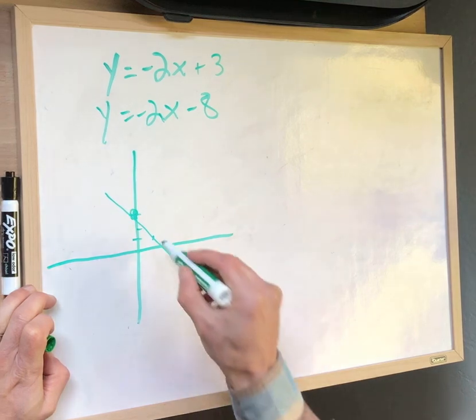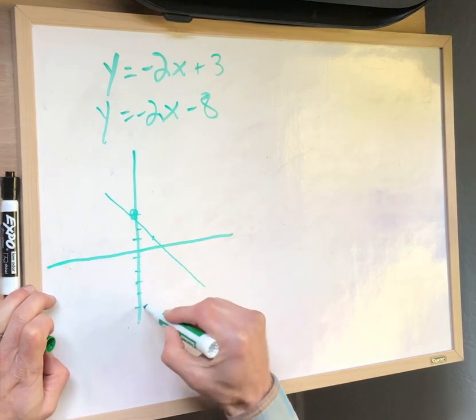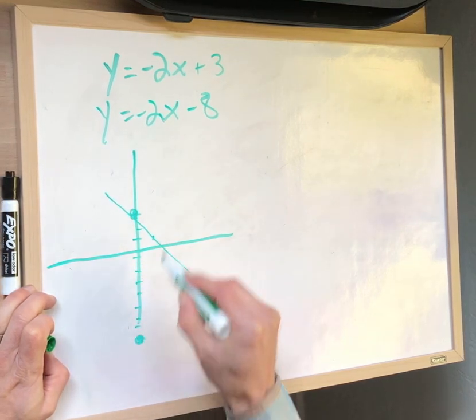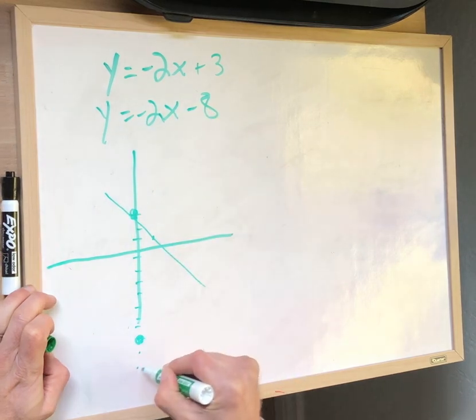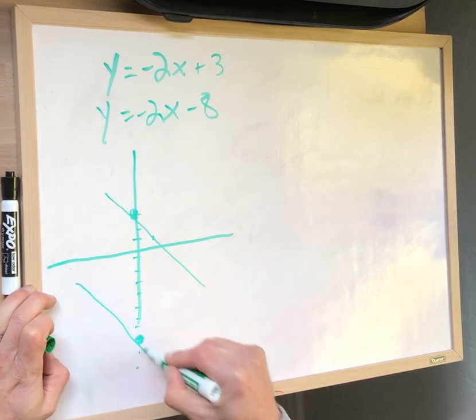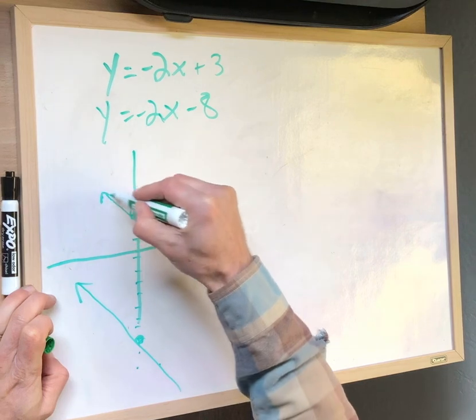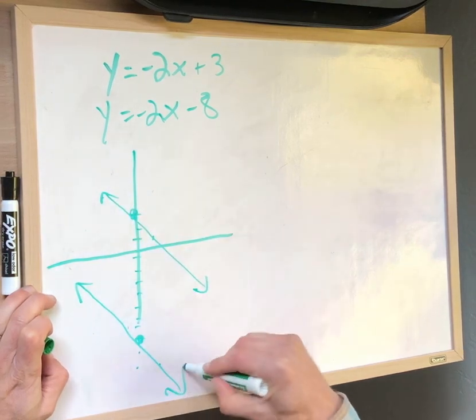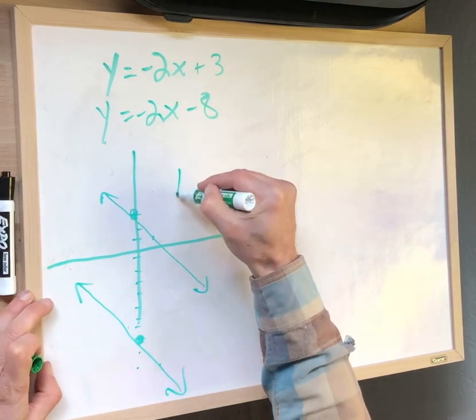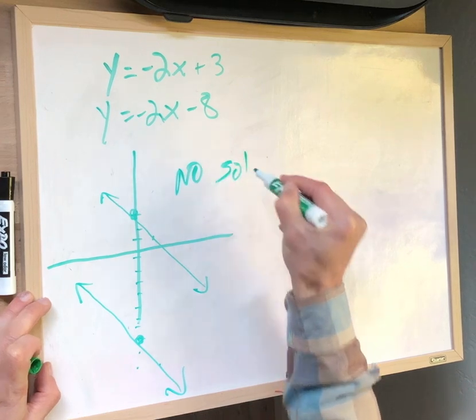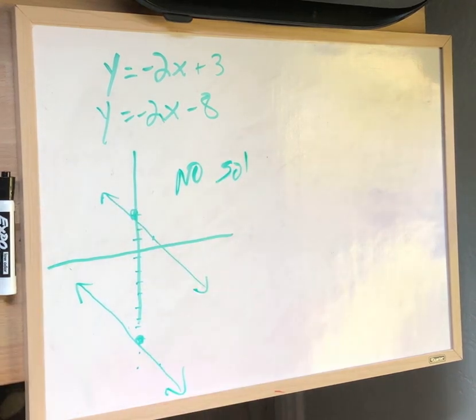This is going to be 1, 2, 3, 4, 5, 6, 7, 8. And for this one, then it's down 2 over 1. This has no solutions because they're parallel. They don't intersect. You guys probably remember that from IM1 or IM2.